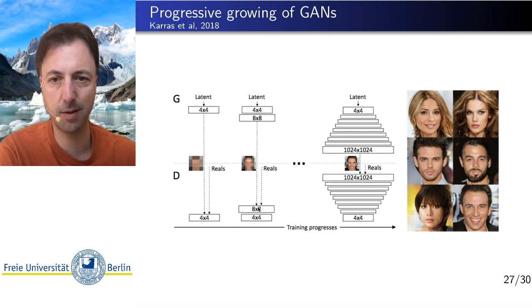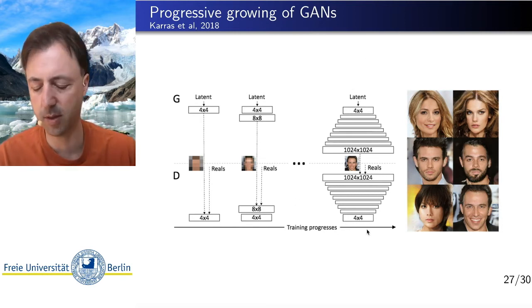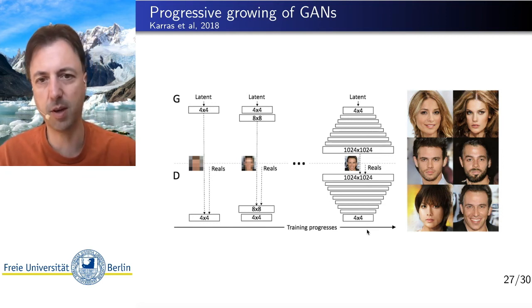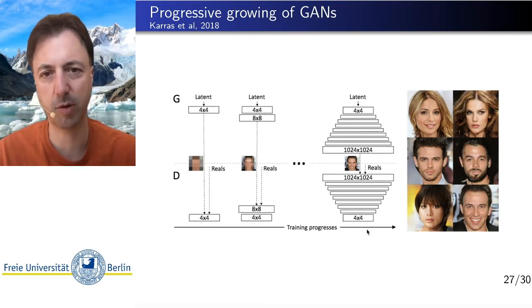Train those parameters with a GAN and continue. In the end, everything is trained, so all the parameters are relaxed and trained. But in that way, we have essentially simplified a big part of our training problem.